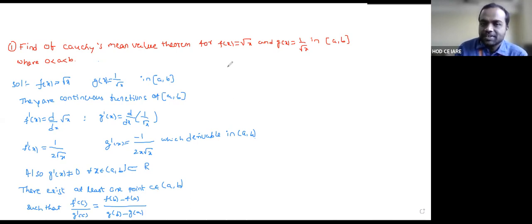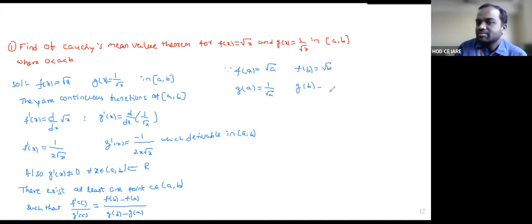So we find here that f of a is equal to root a, and f of b is equal to root b. Next, g of a is equal to 1 by root a, and g of b is equal to 1 by root b.